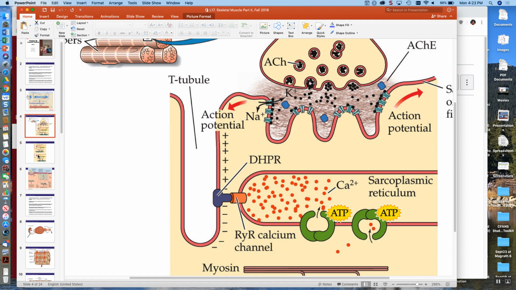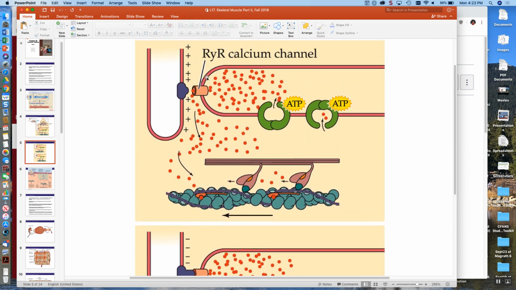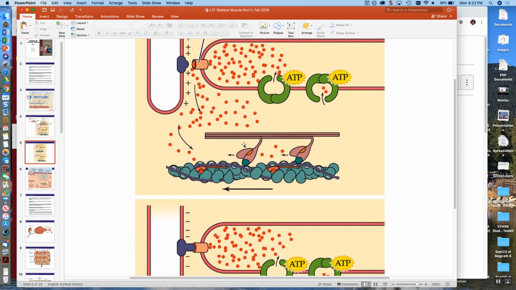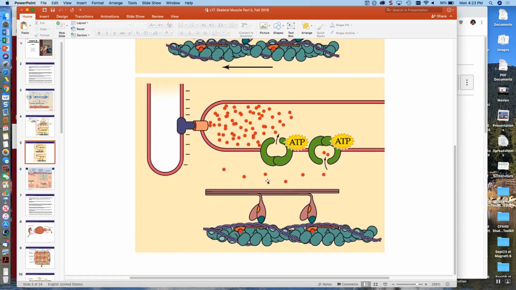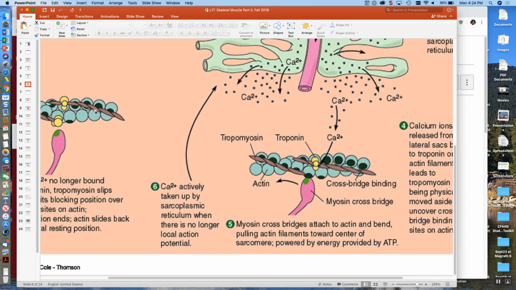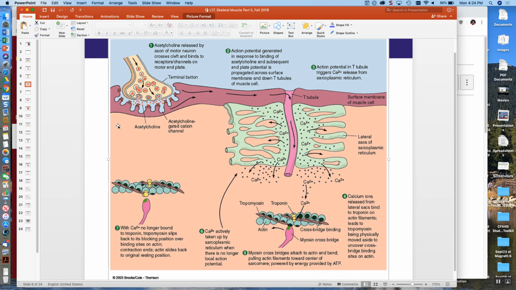So I'm going to go to the next slide. You'll see here the ryanodine receptors open, calcium floods into the intracellular space, and then you'll remember, this was one of the questions, calcium binds to troponin C. If you need some text associated with any of this, there are several different resources for you.